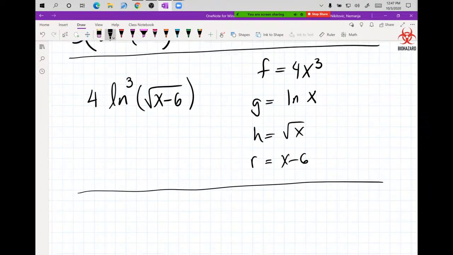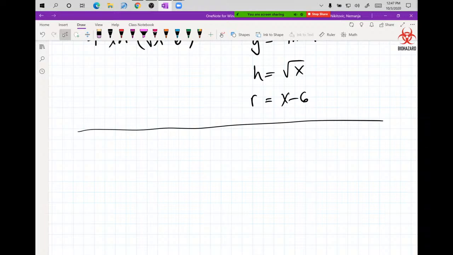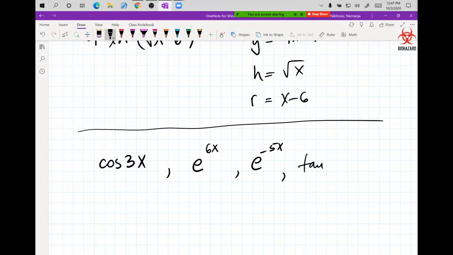Now, the most famous and used cases are cosine 3x, e to the 6x, e to the negative 5x, tangent, I don't know, 4x, whatever. And then obviously, you know, x plus 9 cubed, and ln of x squared plus 1, let's say.